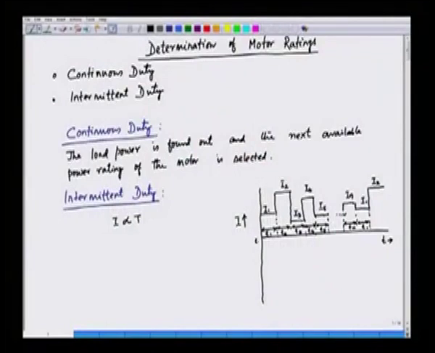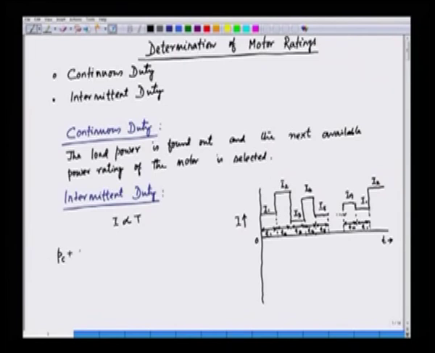Now the question here is how to find out an equivalent current. This current is going to flow in the motor, and the motor will have losses because of this current. So usually the motor has a core loss and a copper loss.